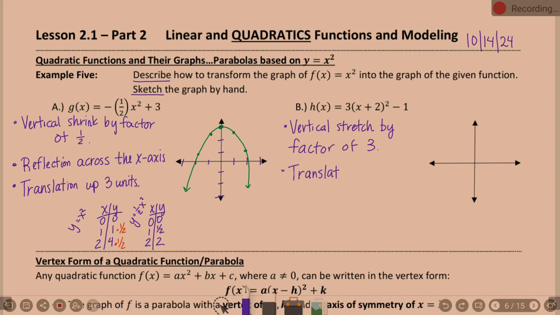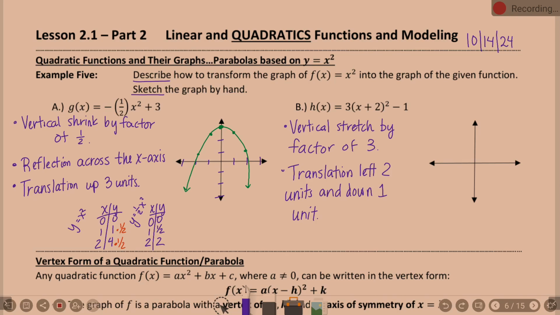Translation: left 2 units and down 1 unit. Okay. Sounds good to me.